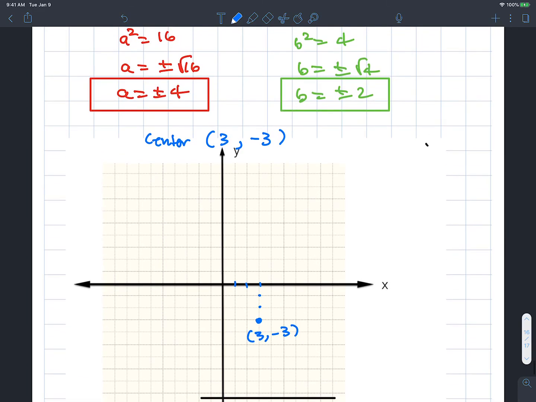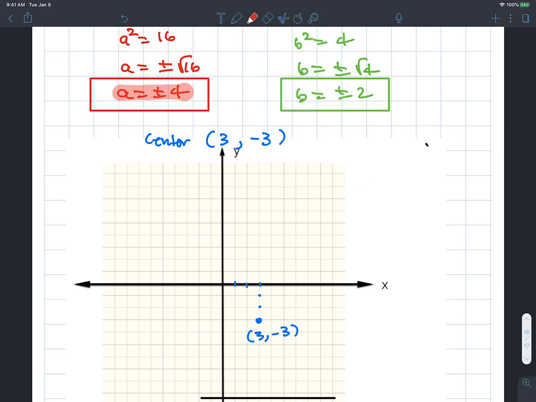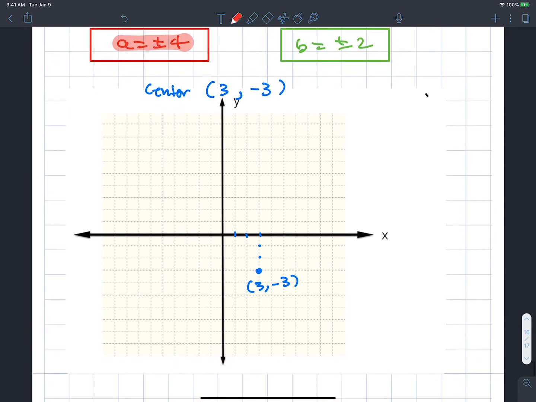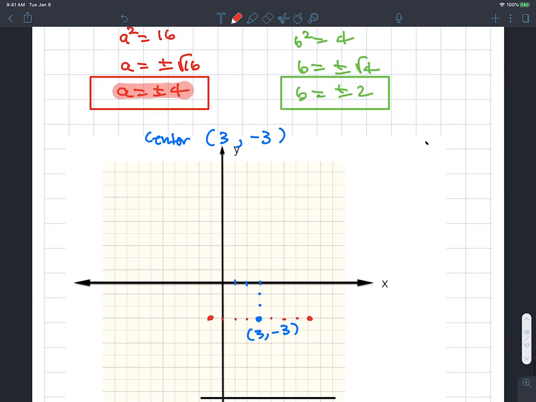Okay, so remember what we do now. These a values of plus or minus 4 were x-intercepts. They're not going to be that anymore. We just need to go to the right from the new center: 1, 2, 3, 4. And to the left: 1, 2, 3, 4. These are the a values, so they're no longer intercepts.